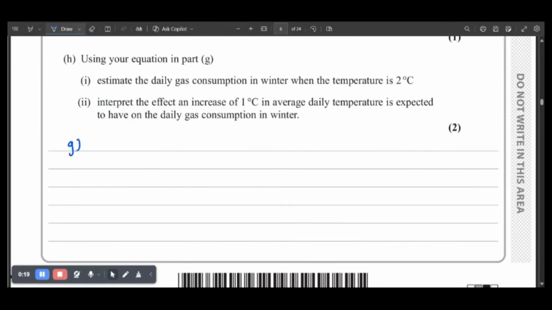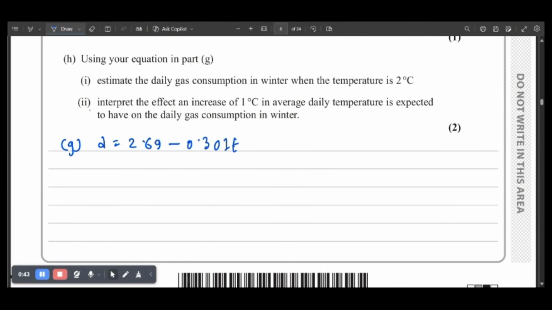In part G, we had the equation D equals 26.9 minus 0.301 T. We had this equation.